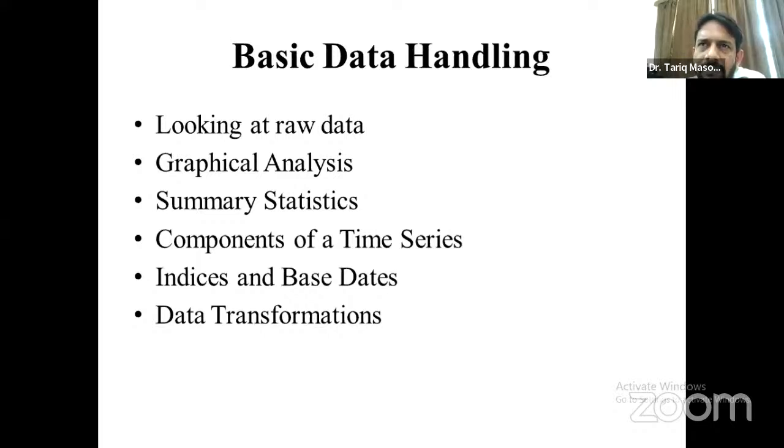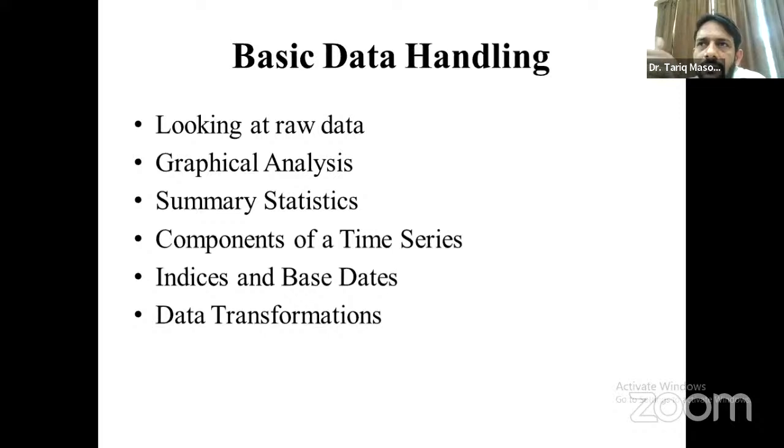There may be some missing values, there may be some extreme values, and that may be due to human error. Sometimes there may be errors in data feeding. So you must look at the raw data, and then next is graphical analysis. You must do a lot of graphical analysis before doing any regression analysis.